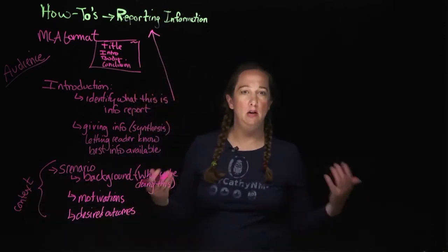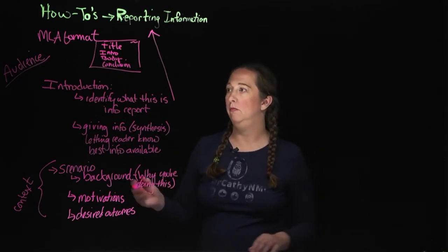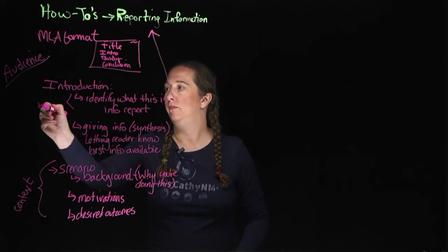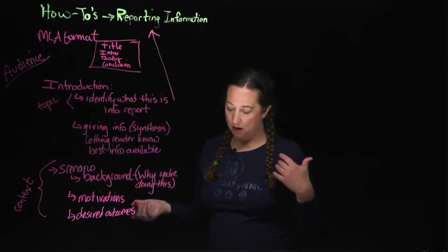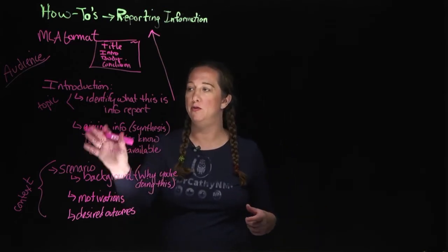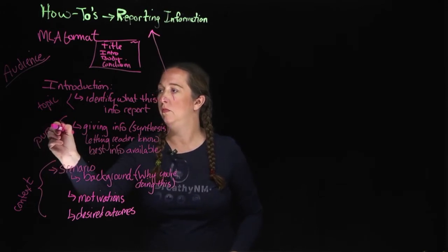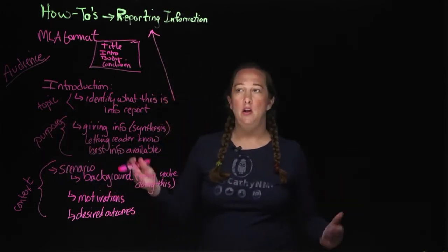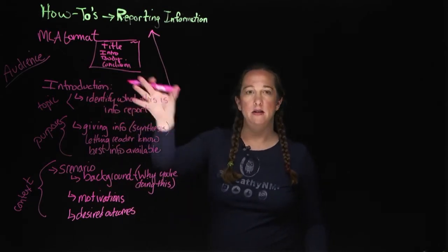So when I tell you an introduction should explain the topic, the context, and the purpose, which is the only thing we really haven't talked about, but it kind of falls right into here, you understand that when I'm talking about those pieces of rhetorical situation, that's how that all comes together.